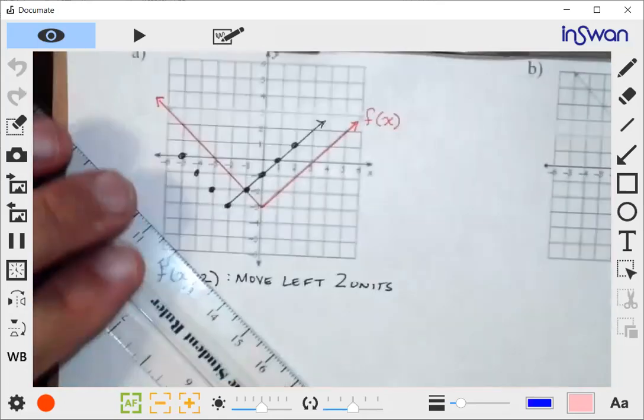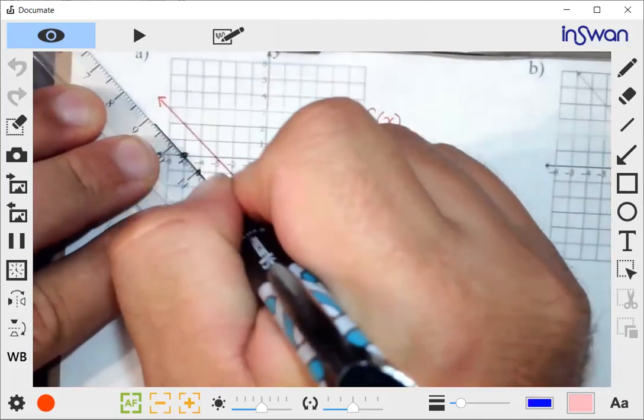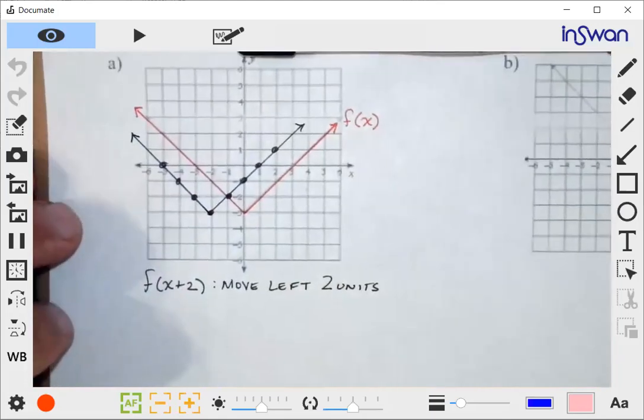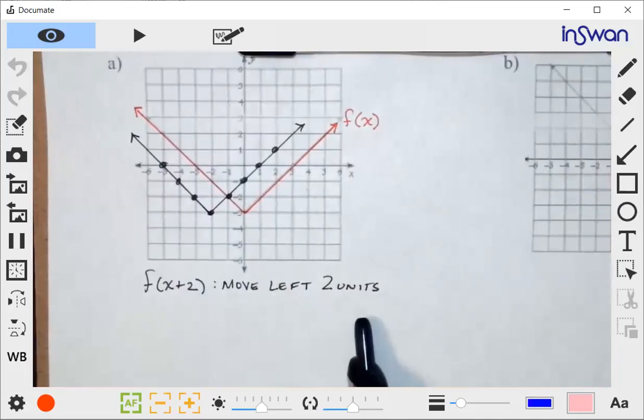Right, so I would have something like this, and I could say, okay, well, now I have the graph of f of x and the graph of f of x plus 2, which has been moved to the left 2 units. Okay, now what would some other transformations look like?